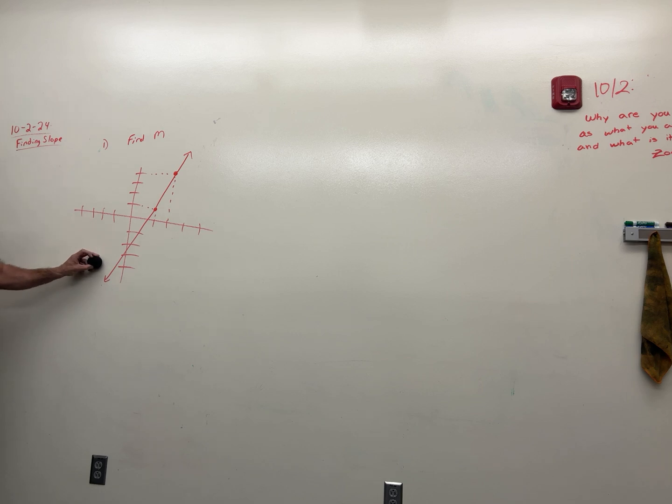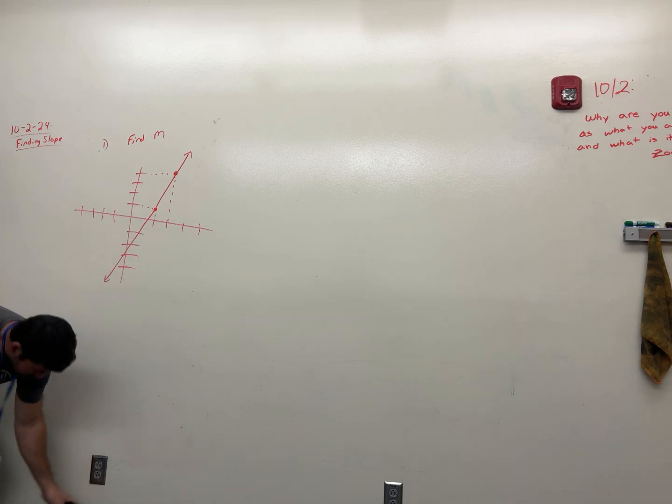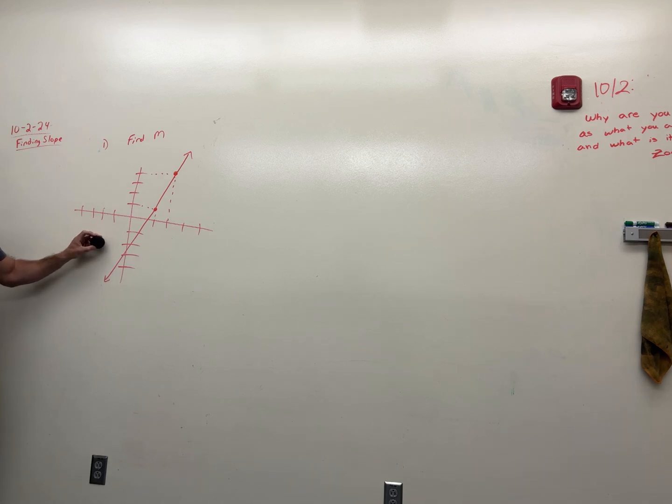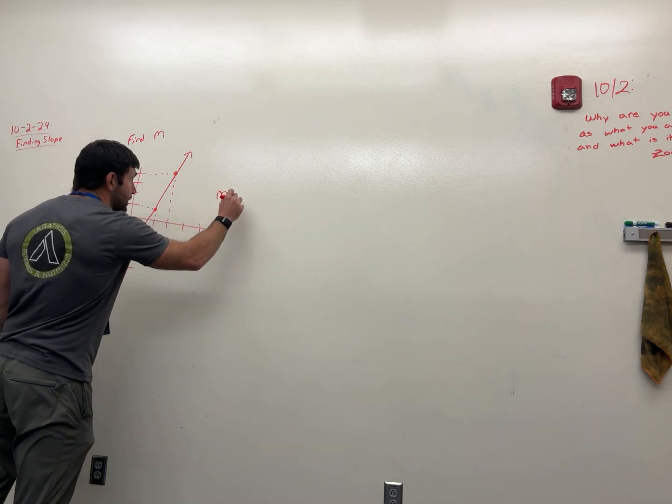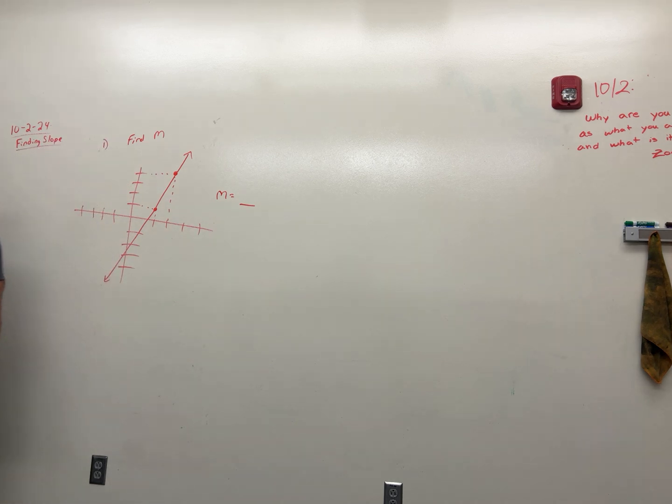For me to get the ball from left to right, which way does the ball have to go? From left to right. How do I get this ball on the line? Where does it go? It has to go up. If it's going up, that means the slope is immediately what? Positive. So I can immediately say m is a positive fraction.